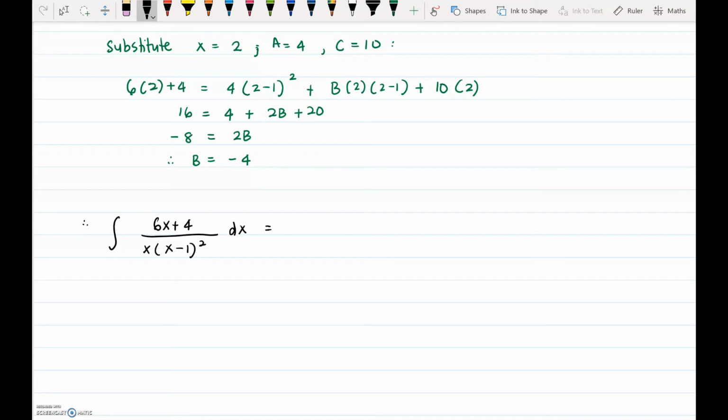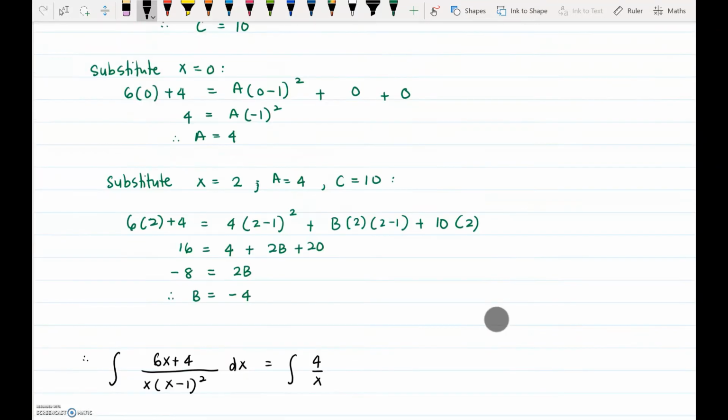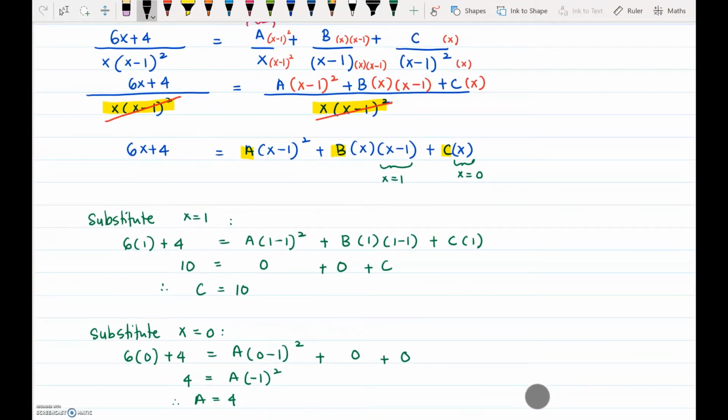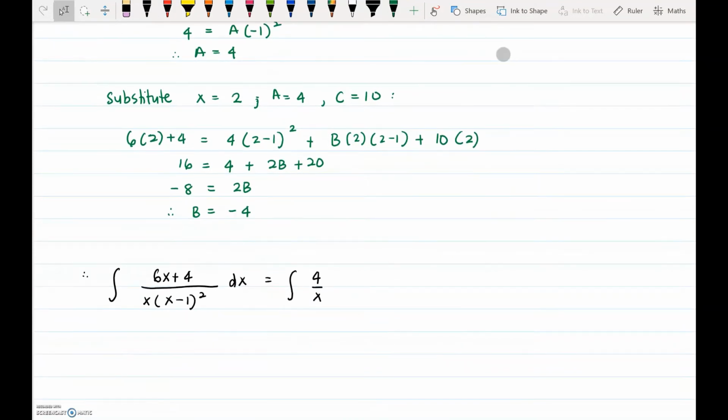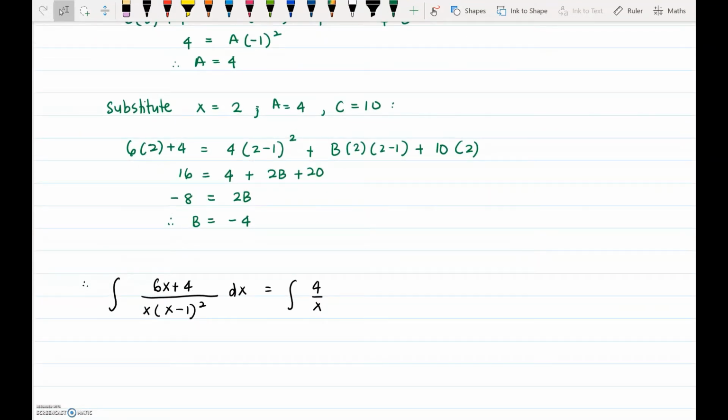It will be equal to the integration of, so what is your a? 4 over x, and then b over x minus 1, and c over (x minus 1) squared. So your b is negative 4, so minus 4 over x minus 1, and then your c is 10, plus 10 over (x minus 1) squared dx.